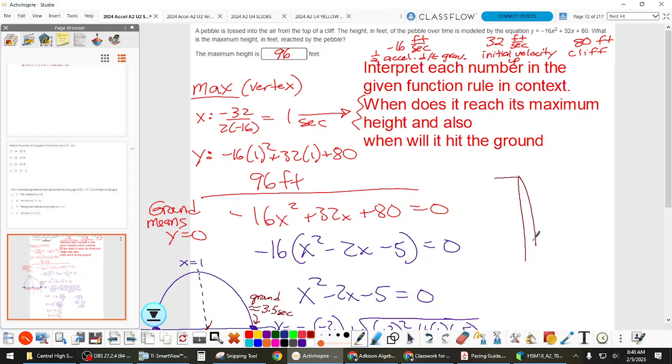I'll give you this thing is negative 16t squared. If we don't throw it up, then the initial velocity is 0 and that term disappears. So how could we use that little relationship? Think about standing on a cliff or a building or whatever. How could you use that relationship to figure out how high up you are?